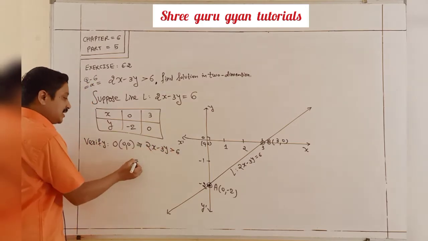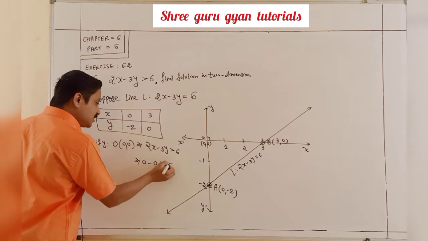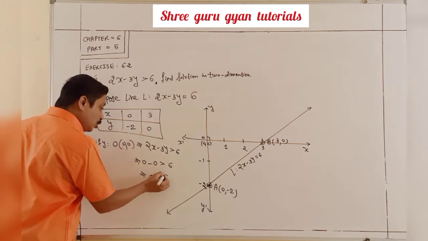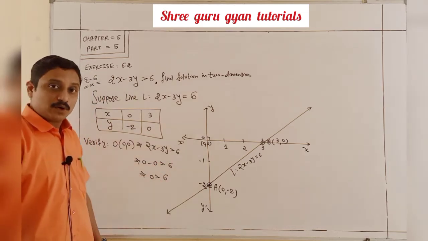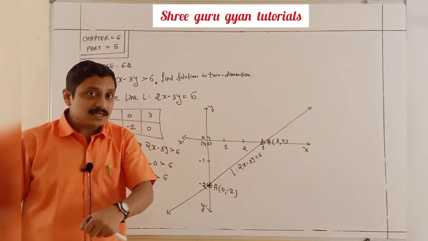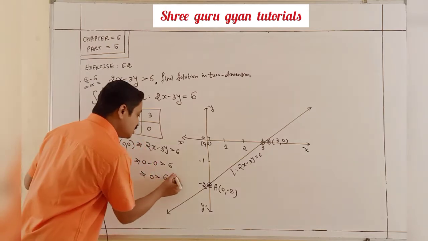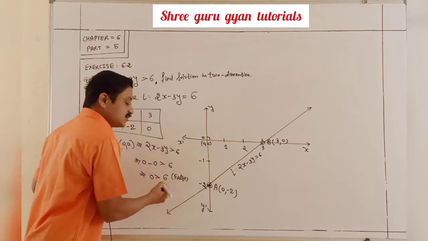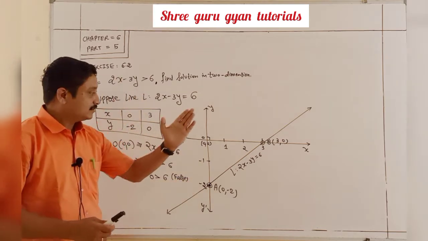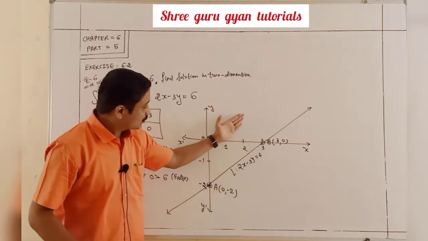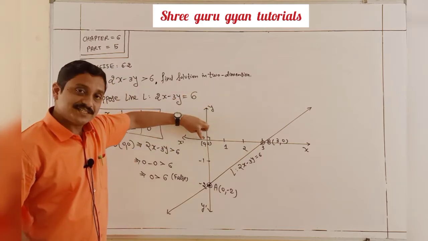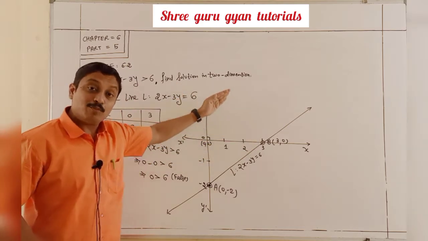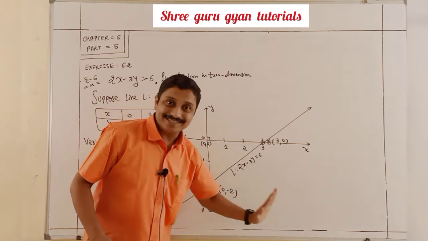You can easily check whether your answer is true or not. 0 greater than 6. Possible? Is 0 more than 6? No. It means this statement is false. So the solution does not pass through this side, the origin's side, not upwards; it is downwards.